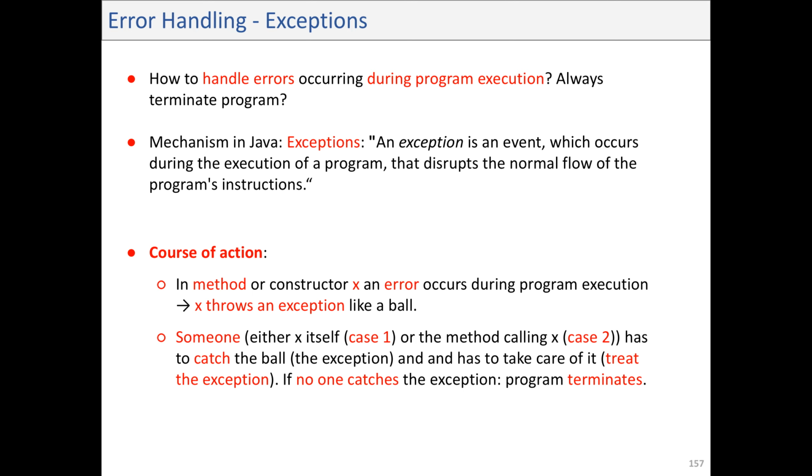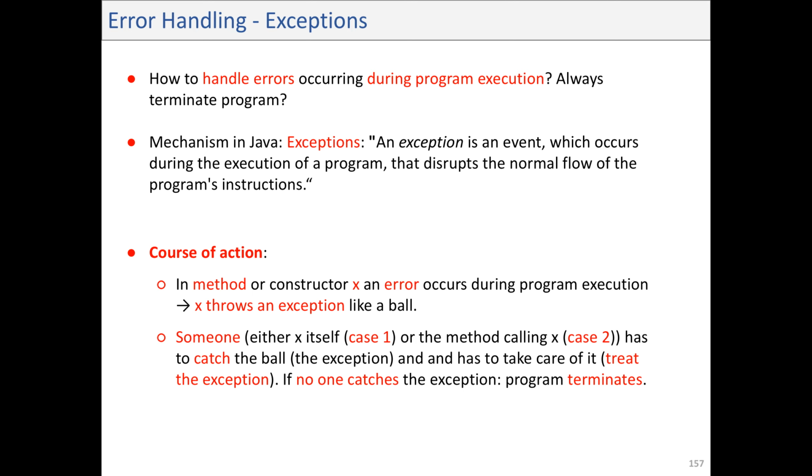So the second line of action is to throw an exception like a ball to the method that called the potential fault or exception creating method. If in a method or a constructor X, an error occurs during program execution, X may throw an exception to whoever called the method or constructor. Now, the one that called it thus knows, ooh, there's something that went wrong, so I better react to this myself.